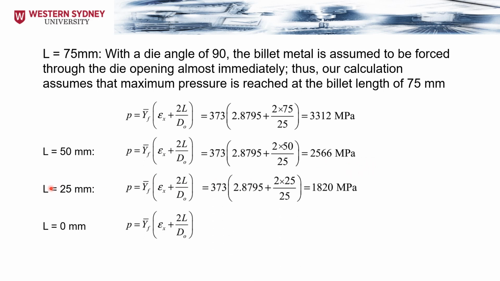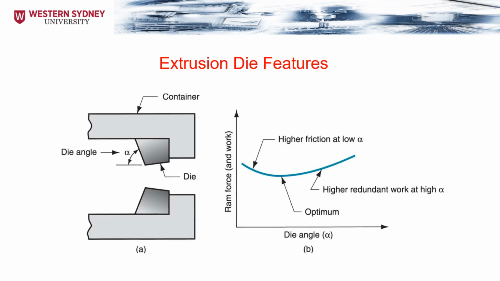When the length is going to be dropped to 25 millimeters, the pressure is going to be dropped down to 1,820 megapascal. And finally, when the length is going to be equal to 0, the pressure is going to be dropped to 1,074 megapascal. So we found the 4 pressures. And now just remember that the area is going to be the same, so we can find the force immediately.